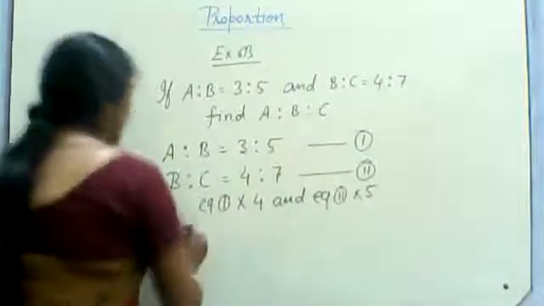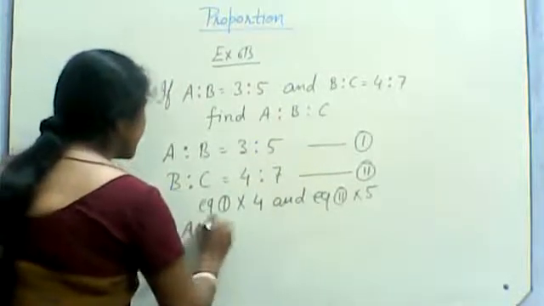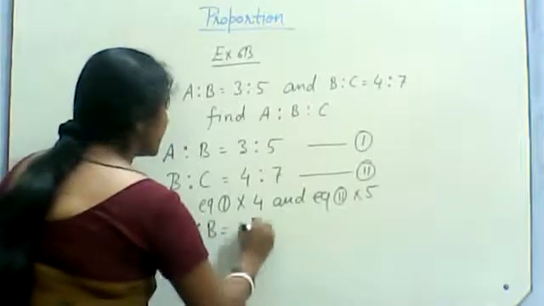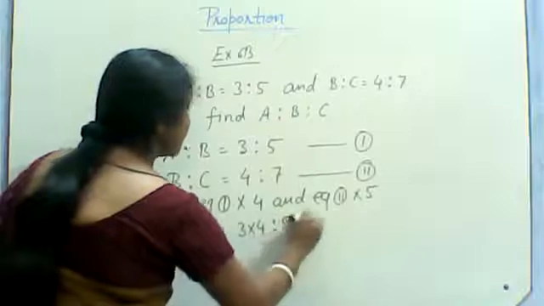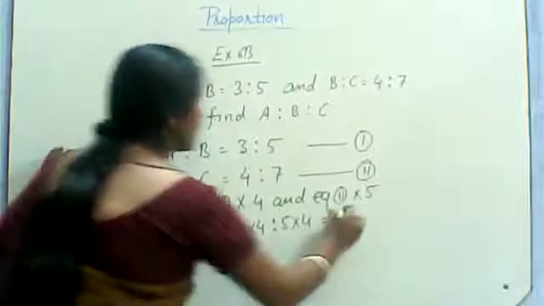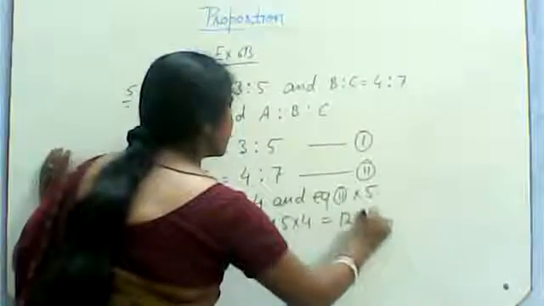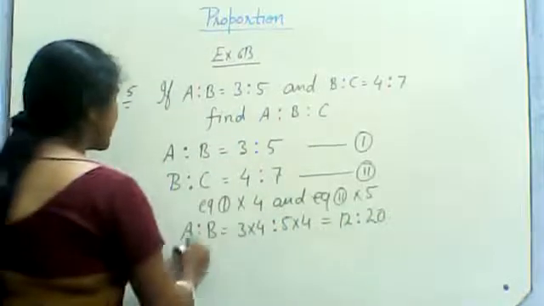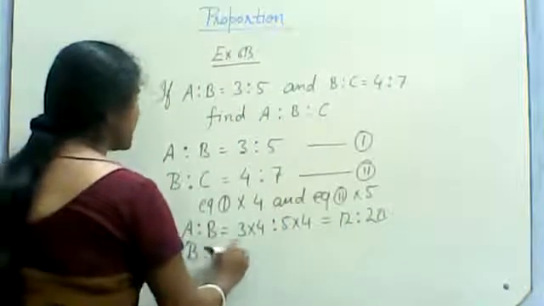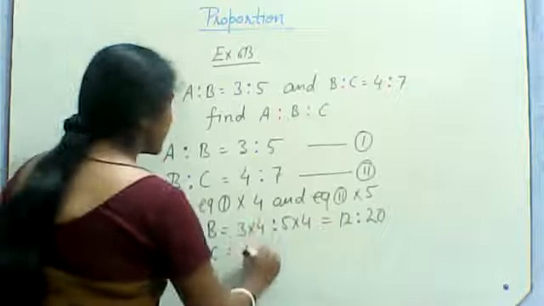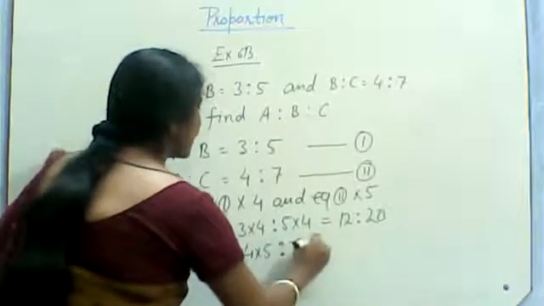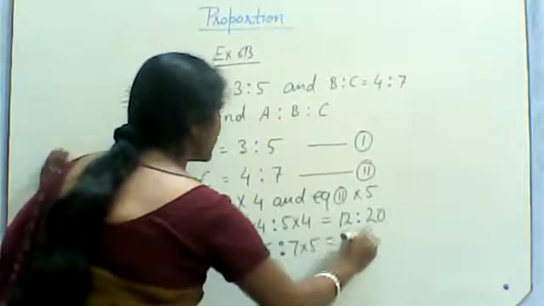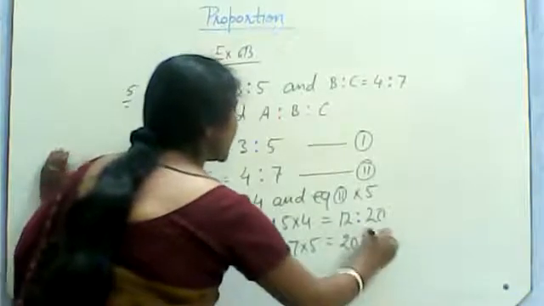Now, A ratio B equals 3 into 4 ratio 5 into 4. So what will it become? 12 ratio 20. And in equation 2, B ratio C equals 4 into 5 ratio 7 into 5. So what will it become? 20 ratio 35.